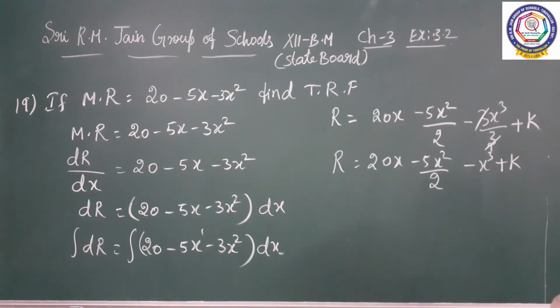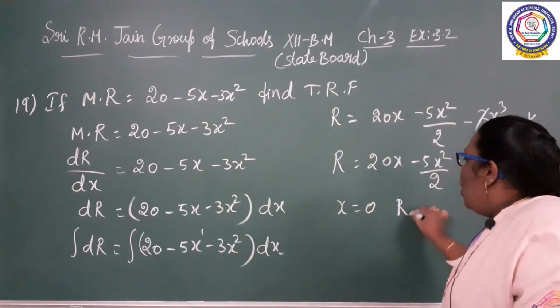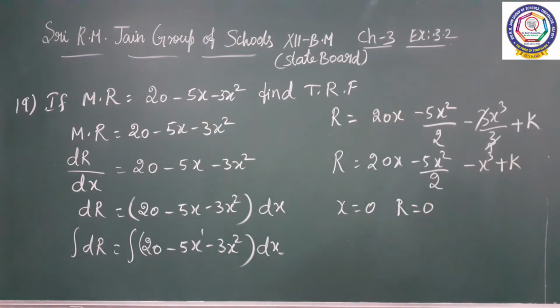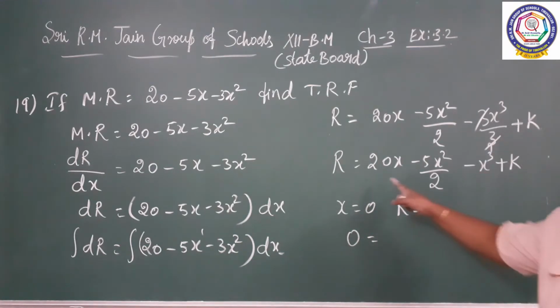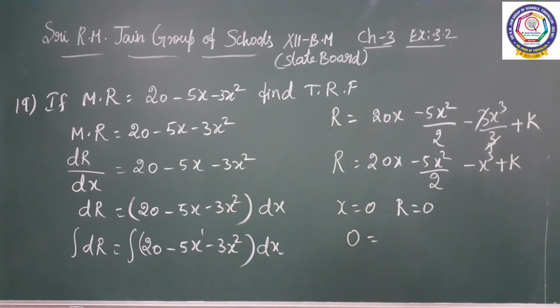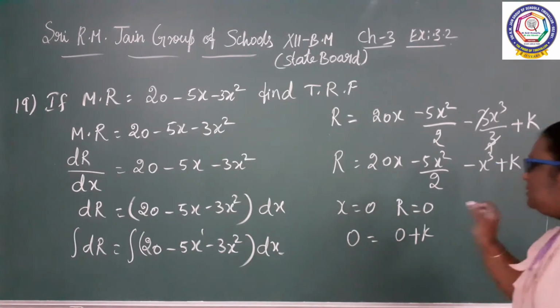When no product is sold, x equal to 0, R equal to 0. That is, revenue equal to 0 when input is also 0. What is the value of k? 0 equal to, all the terms contain x, so 0 into any number is 0, plus k.